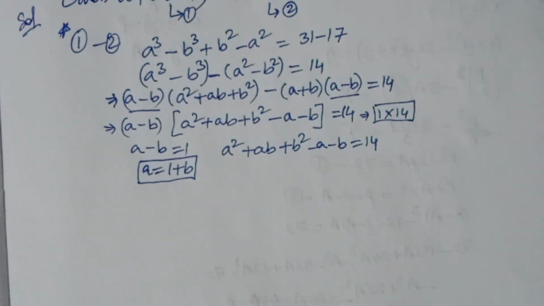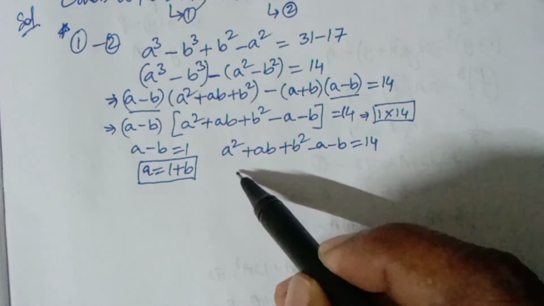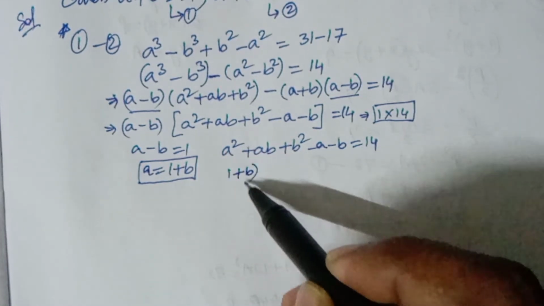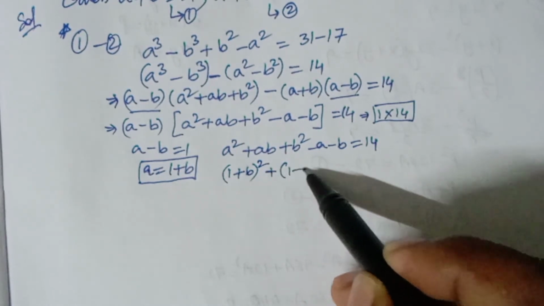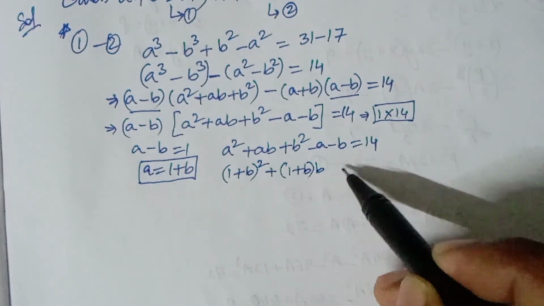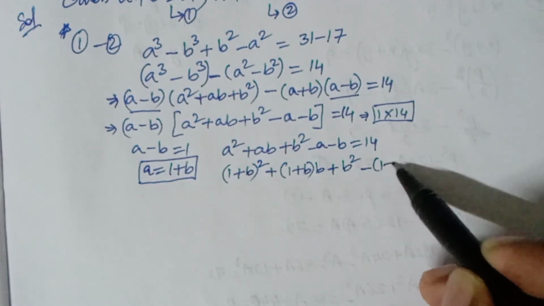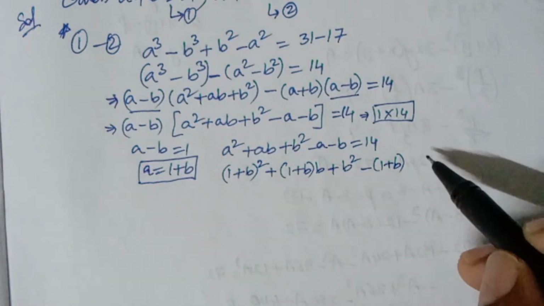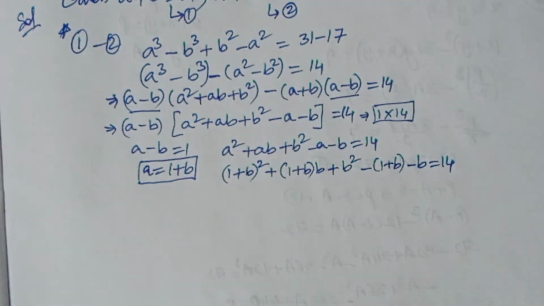So here you can substitute the values. In the second one, in the place of a I am writing 1 plus b: 1 plus b squared plus 1 plus b into b plus b square minus of 1 plus b minus b is equal to 14.